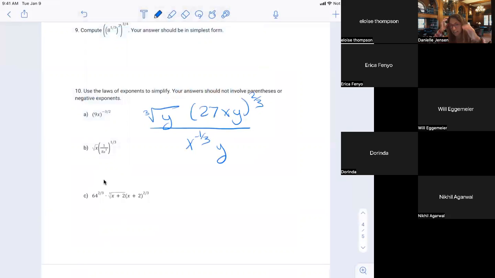So this is getting a little bit more complicated, but see what you can do. Let's take a couple minutes, and my big advice is change all roots to exponents. Don't try to combine roots and exponents. Change everything to an exponent.